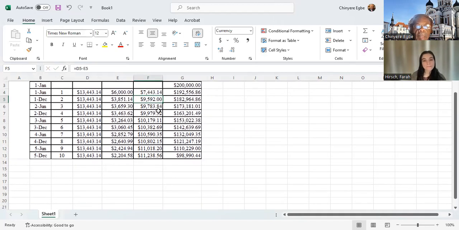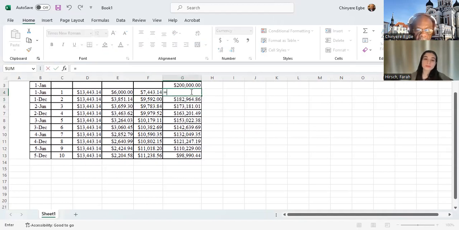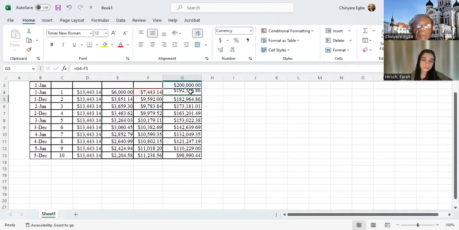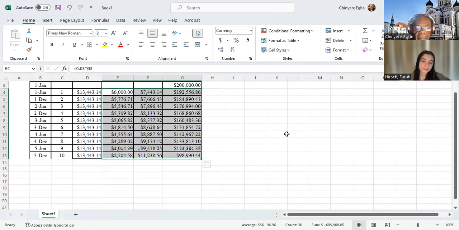And your balance will be equals G3 minus F4. So that's your new balance. You don't have to go through all that trouble. You paint that. See that? Yeah. And drag it down.